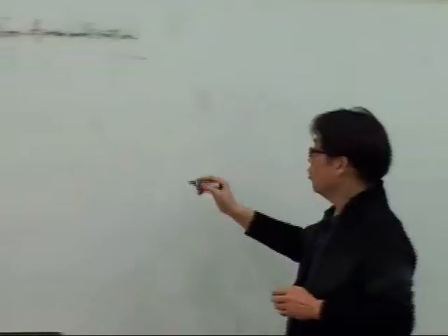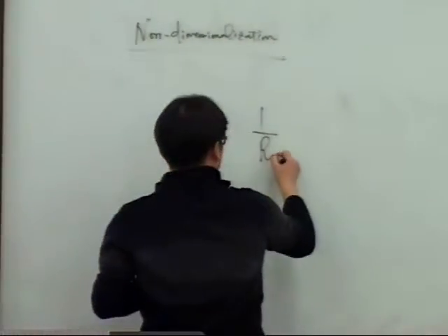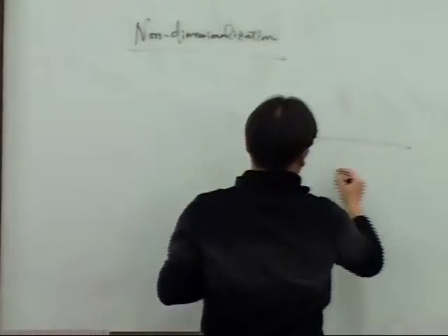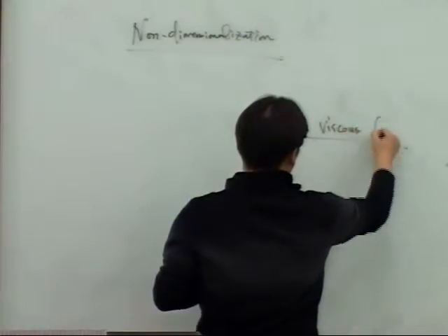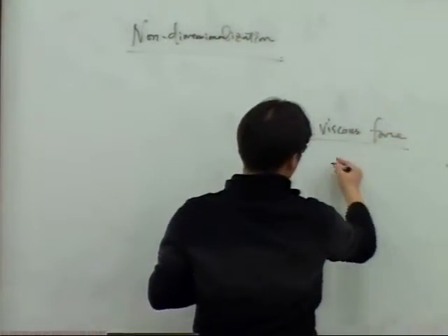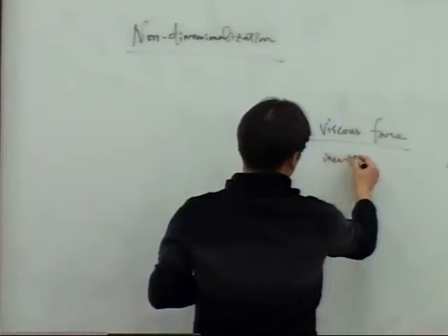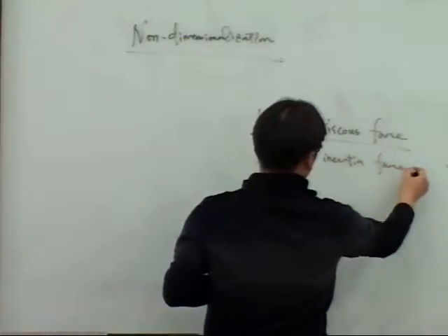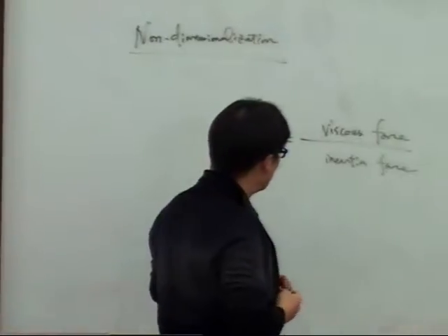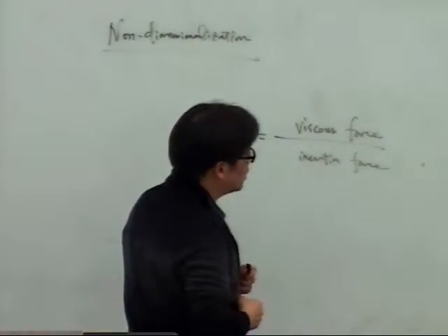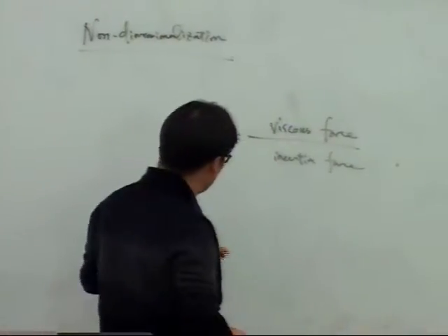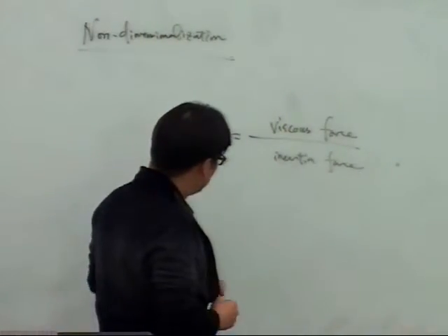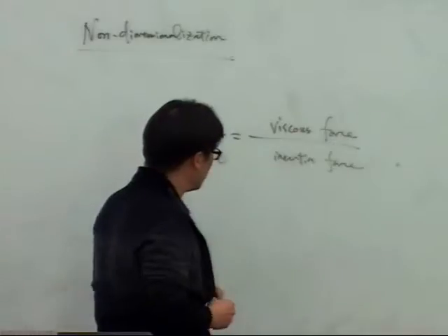So 1 over Reynolds number, we got that from viscous force divided by inertia force. So Reynolds number really measures the relative magnitude between inertial force and viscous force.